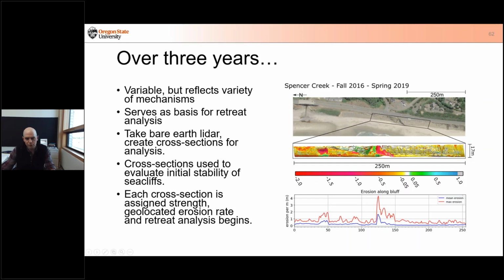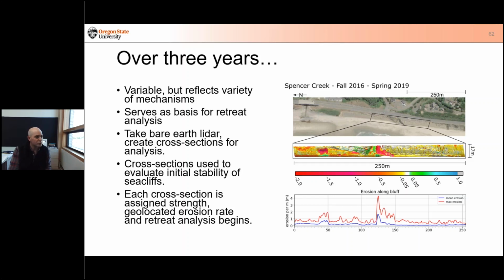So in terms of the erosion, say for this section, we can see that there's a large slump that occurred over here as well, and that we can see little pockets that are variable for erosion rates in terms of meter of sea cliff face. This serves as an input for at least a simplified predictive model.